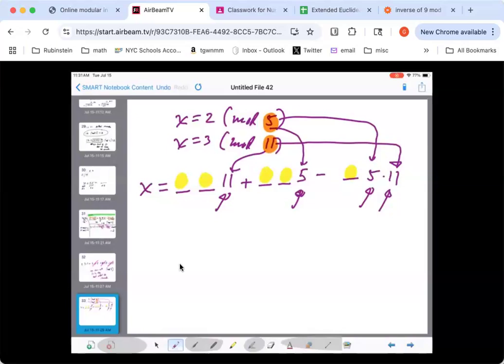Here comes step number 2. Put the remainder for dividing by 5 in the beginning of the one with the 11. And put the remainder that you want to get for 11 with the 5.